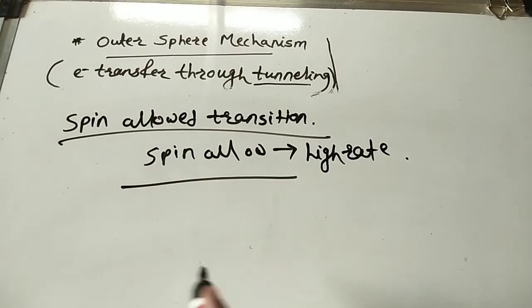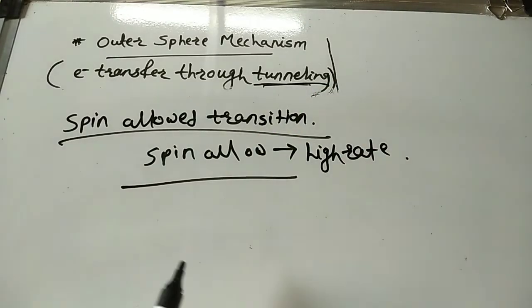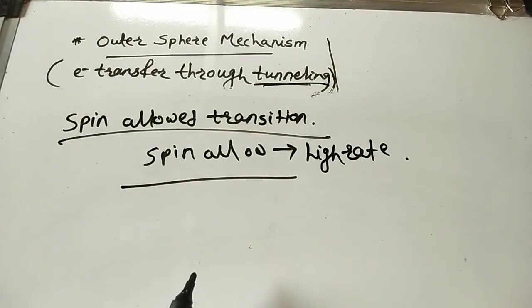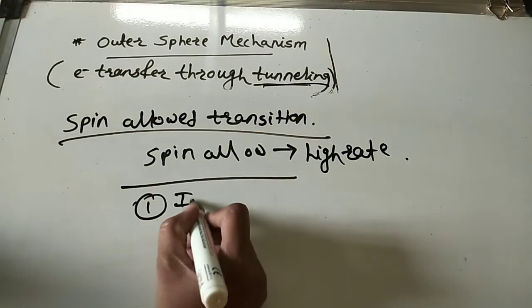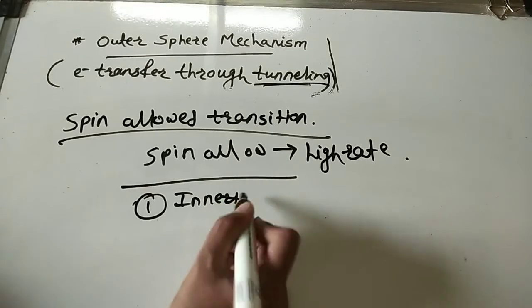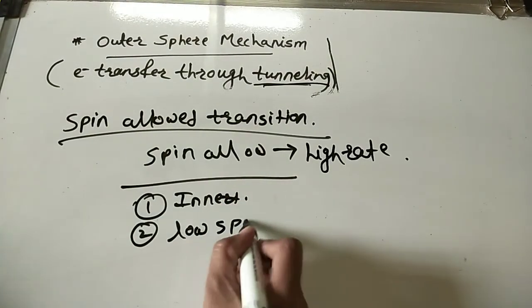Okay, so students, in today's lecture we saw that the outer sphere mechanism occurs through tunneling. It has some conditions for the outer sphere mechanism to occur fast. The first condition is the complex is inert. The second condition is what? The complex should be low spin.